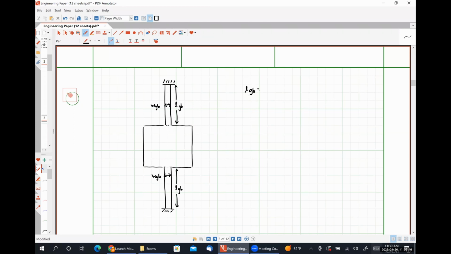And then there's also a thickness oriented into the page. So we're going to have LGB equal to 400 microns, WGB will be 10 microns, and TGB will be 1 micron. Then we have a plate length, plate width, and also a plate thickness.